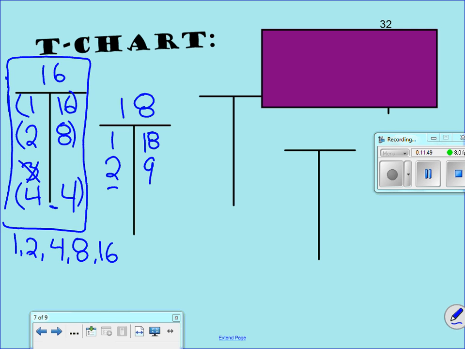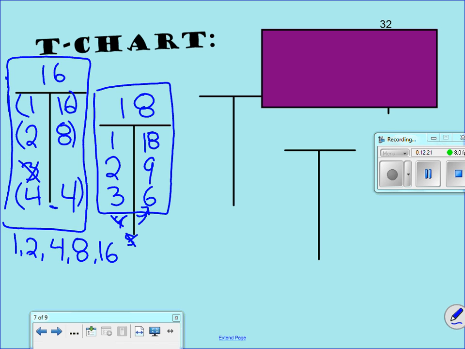Does 3 go into 18? 6 times. 4? Nope. 5? Nope. And then we're back up to 6 right here. So we know that 4 was a no and 5 was a no. Now we're back up to 6 and we're done. So this is our complete T-chart for 18.